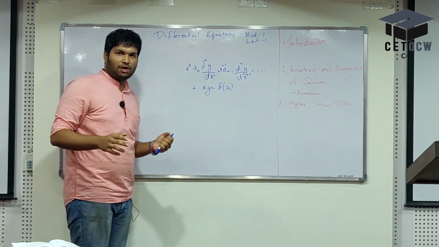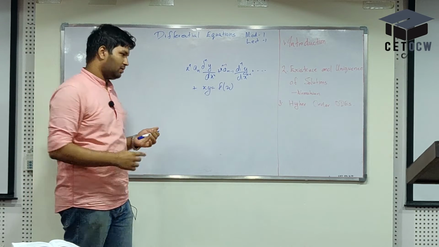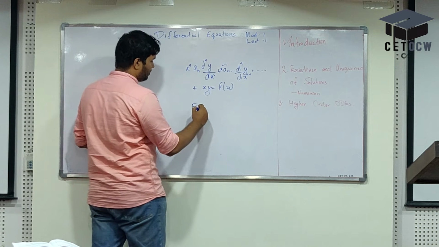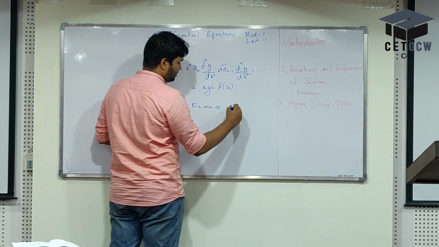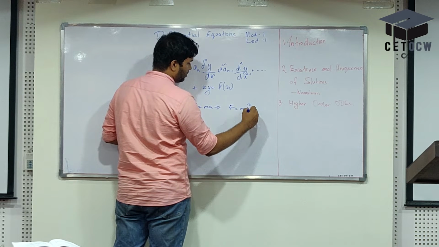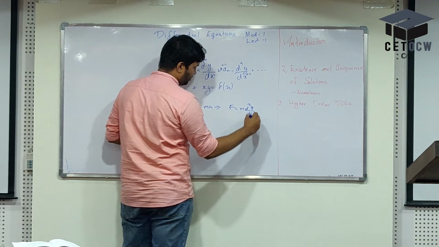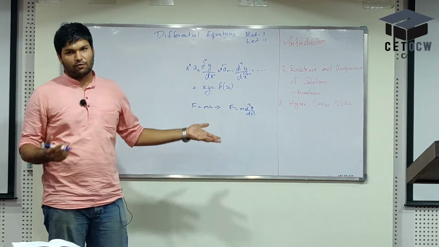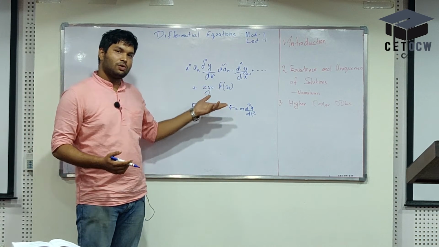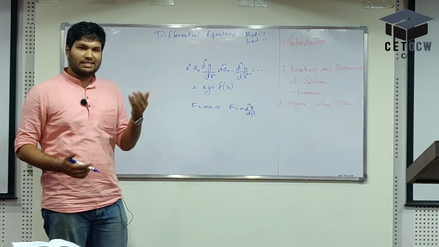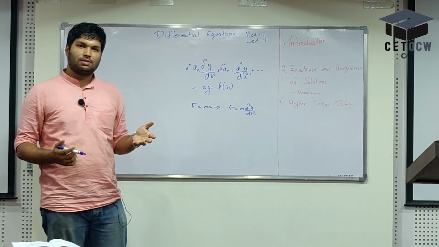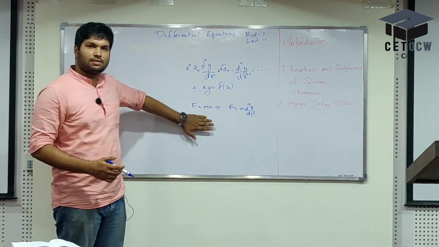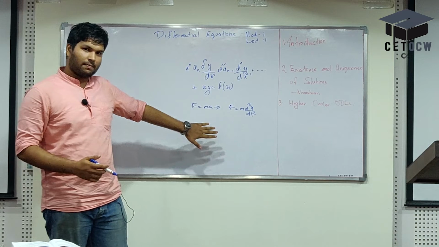Almost all physical phenomena, whether you take force, where you encounter force equal to ma, which implies F is equal to m d squared x by dt squared, so wherever you have force, you have a differential equation. Most physical phenomena give you glimpses of things such as force, momentum, energy.